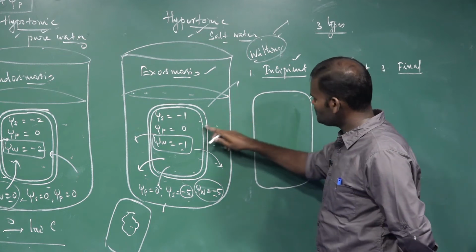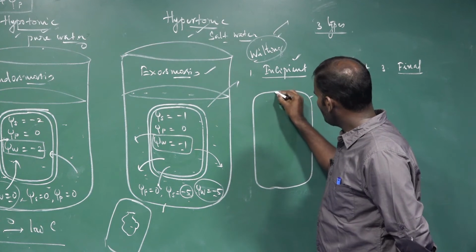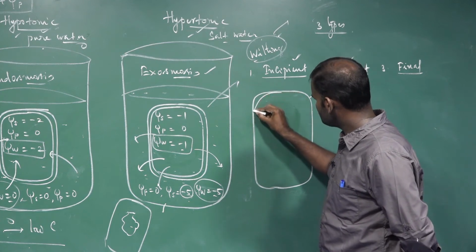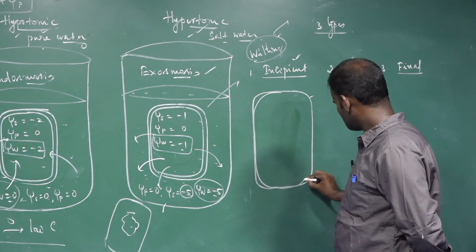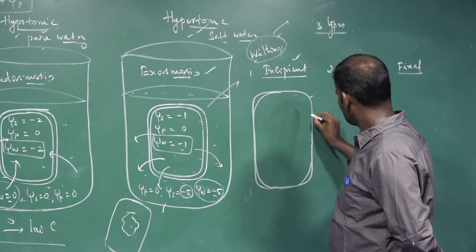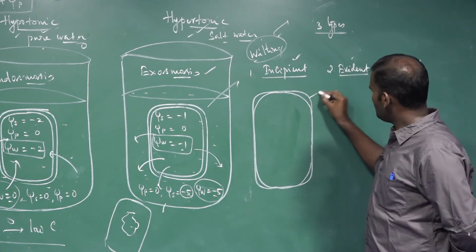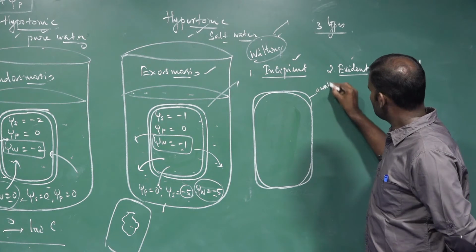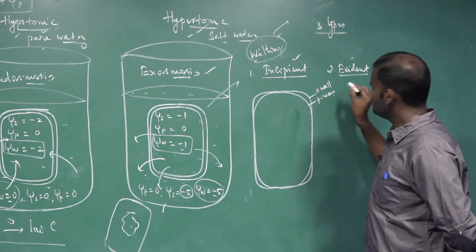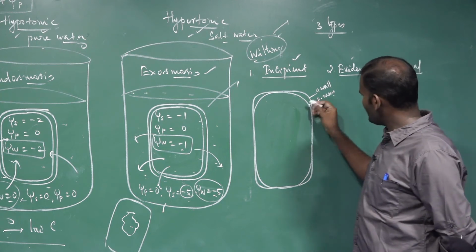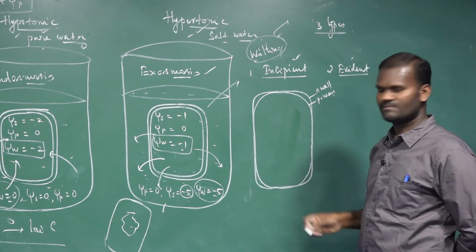Next, there is separation of the plasma membrane from the cell wall only at the corners. It is the outer cell wall. It is the plasma membrane, or also called cell membrane. The cell membrane is separated from the cell wall only at the corners.